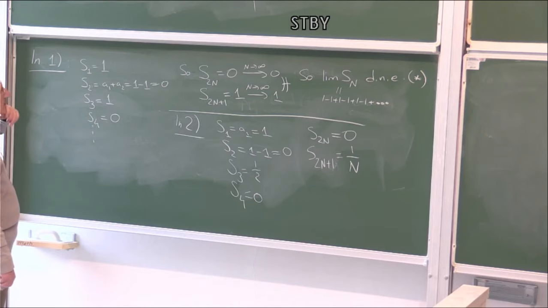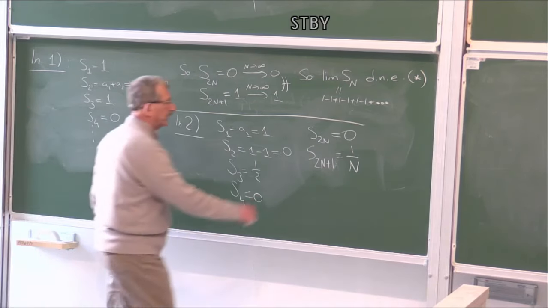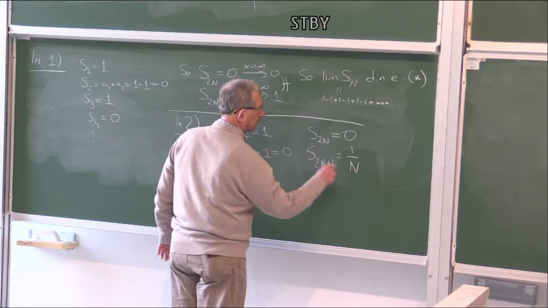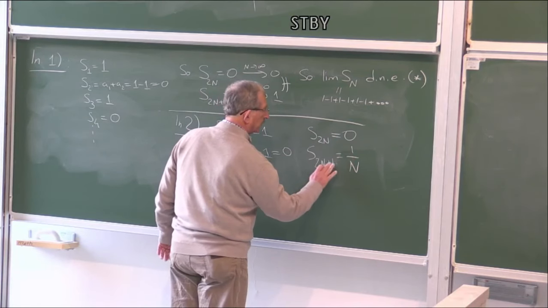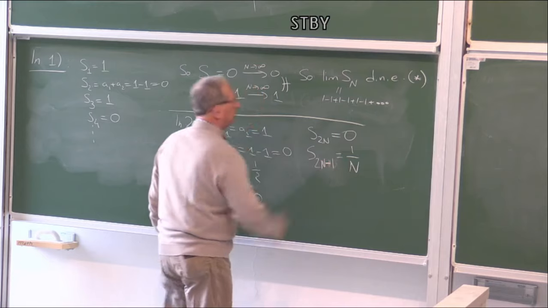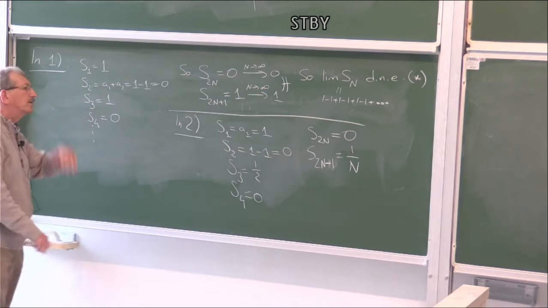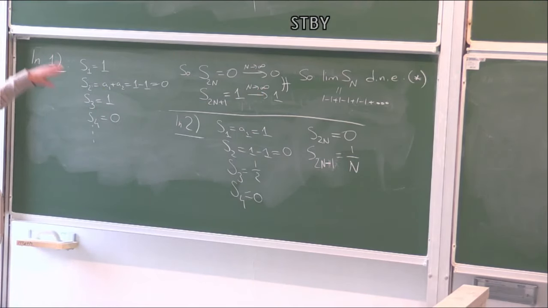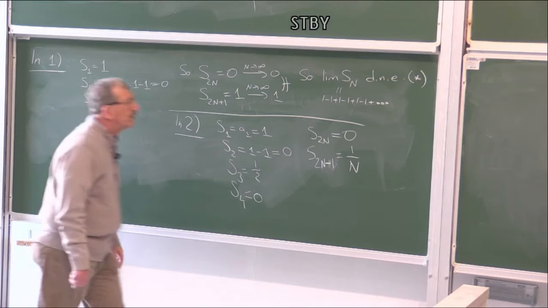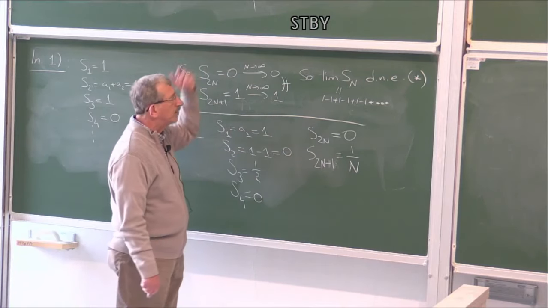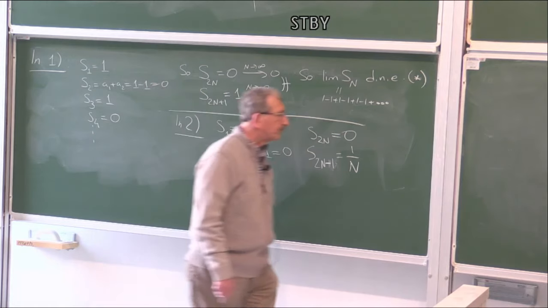Maybe not. I should put minus 1 here. So it's n plus 1 actually, or n minus 1. So let me put a minus sign. Now it's correct. If, for example, you add everything up to 3, it means n is 2. So you have 1 over 2. Up to 5, n is 3, and so on. So you can check this directly by looking at the definition.